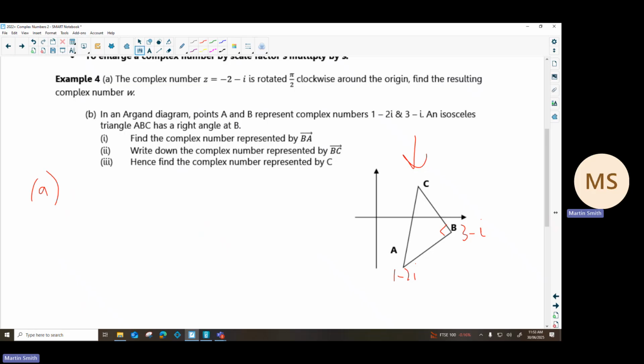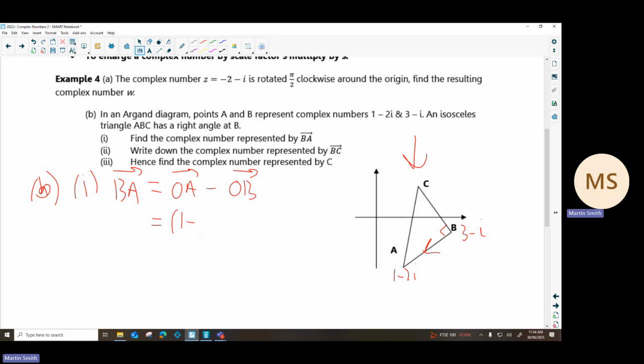It asks me to do the following. It first of all wants me to find the complex number from B to A. So finding complex numbers between points is like finding the vectors between two points by subtracting their position vectors. So the complex number going from B to A is the complex number at A, OA, minus the complex number at B, which is OB.